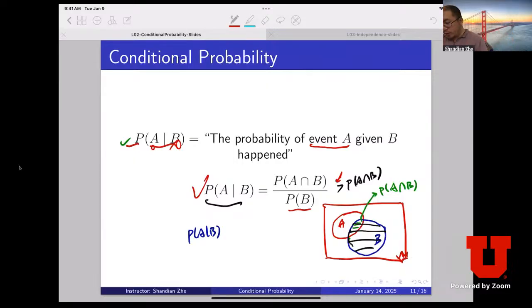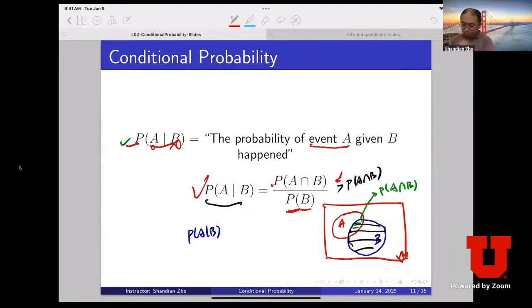This ratio is between the probability of A intersection with B and the probability of B. So this is the definition. So don't ask me why, this is just the definition. It's a way to define what's the chance that A happens conditional on that B has already happened, right?